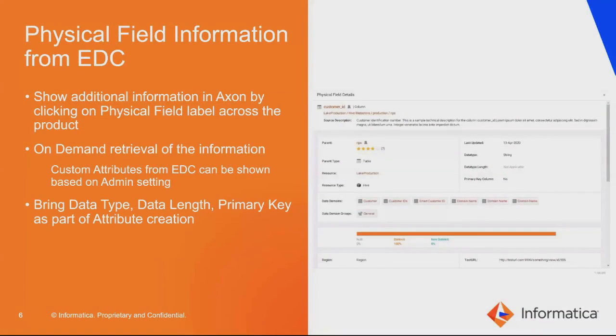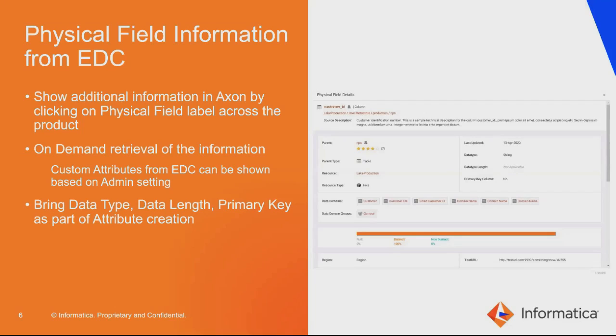So with that said, in terms of information from EDC into Axon, one of the things that we've done is across the product, across Axon, wherever physical field information exists, we have given you an option to click on it and have a pop-up show up that will give you pretty much all information about the physical field it is associated with, right?